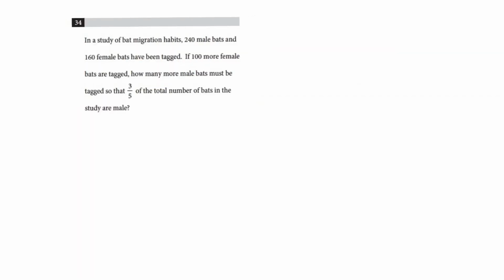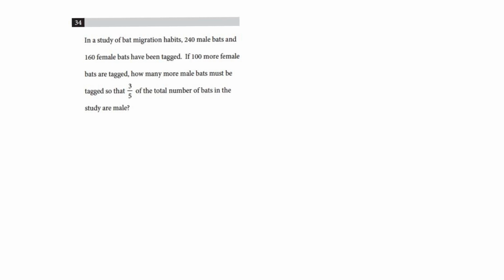Okay, in a study of bat migration habits, 240 male bats and 160 female bats have been tagged. If 100 more female bats are tagged, how many more male bats must be tagged so that 3/5 of the total number of bats in the study are male?